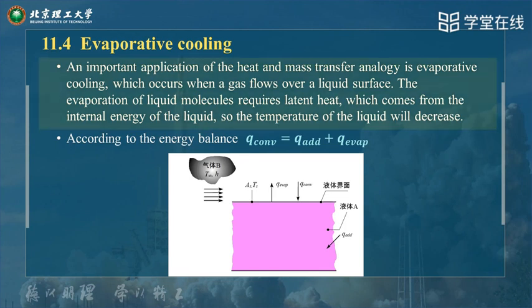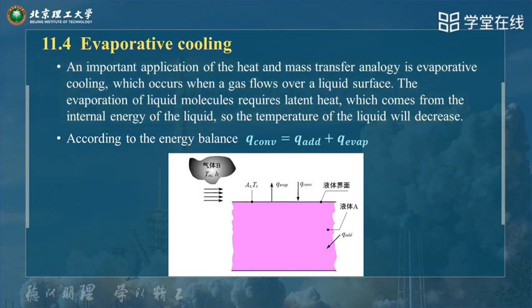An important application of the heat and mass transfer analogy is evaporative cooling, which occurs when a gas flows over a liquid surface. The evaporation of liquid molecules requires latent heat, which comes from the internal energy of the liquid. So the temperature of the liquid will decrease.